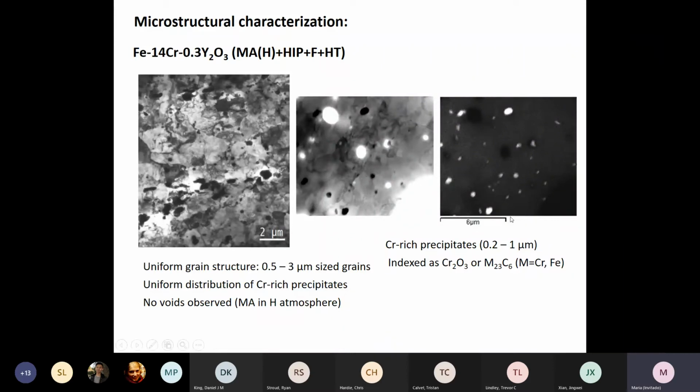These types of chromium-rich precipitates are present in most of the alloys that we prepared, but having no voids in the material is also a good property. Okay, and well, if we need to decide between milling in helium or in hydrogen atmosphere, we go for the last one.